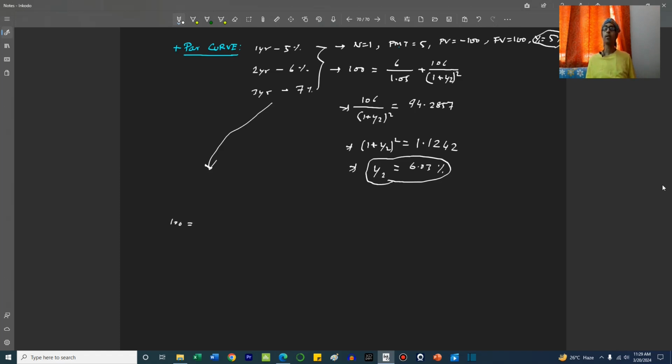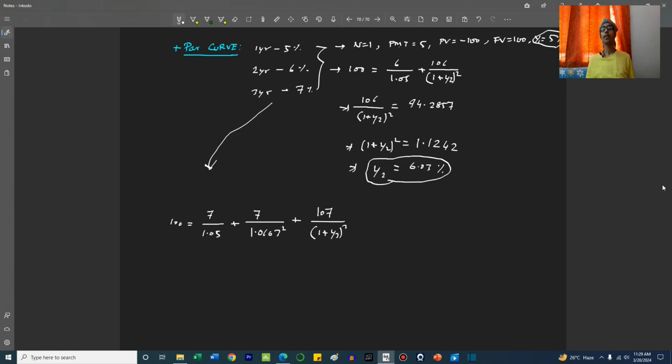We need to find out y3, which we take out from this one. 100 is equal to, the coupon is 7, so we write 7 by 1.05 in the first year, second year also 7 by 1.0603 square, plus the final year we get 107 divided by (1 plus y3) cube.